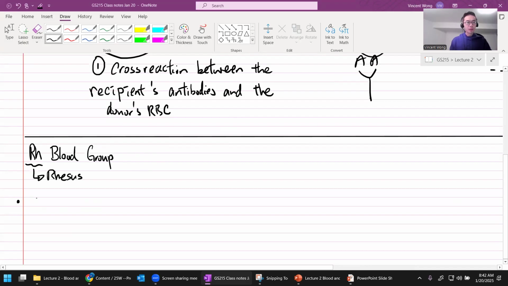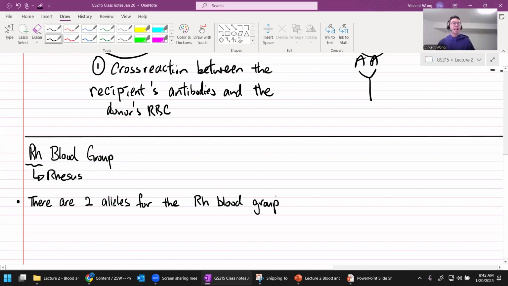So I'm just going to give you some bullet points here. There are two alleles for the RH blood group, as opposed to how many alleles for the ABO blood group?